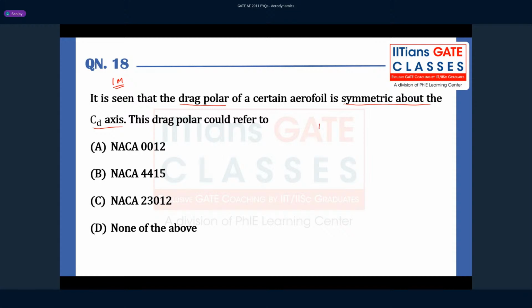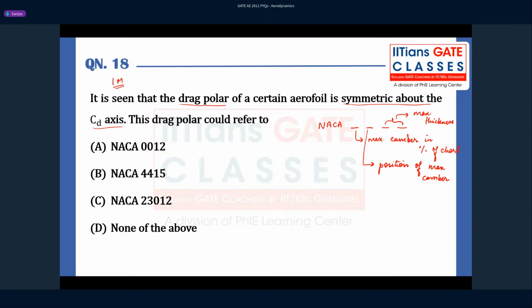Okay, so just to revise the NACA nomenclature, the NACA 4-digit nomenclature: the first digit refers to the maximum camber in percentage of chord, the second digit refers to the position of maximum camber, and the last 2 digits refer to the maximum thickness, right? So all of these are in percentages of chord, right?